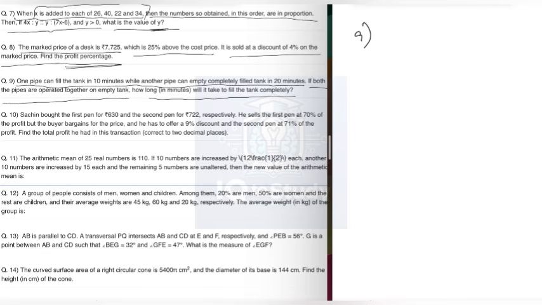Given one pipe can fill in 10 minutes and another can empty in 20 minutes, and the LCM is 20 units, the efficiency becomes 2 and minus 1 here. So total efficiency is 2 minus 1, which is equal to 1, and total time is 20.